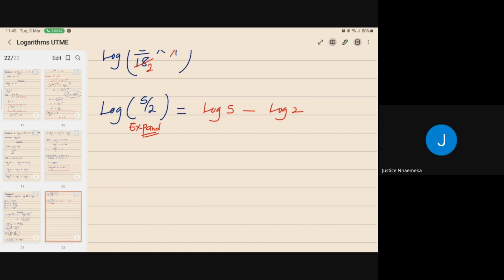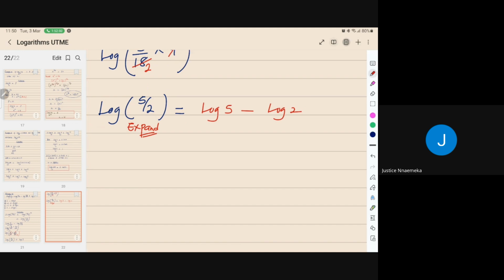Are we together now? Do you know what I want to do? Our answer is not yet in the options. We'll have to still break it down further to have exactly what they have. Now, I've subtracted based on division. Now, the next thing we need to do is to find a way around this.